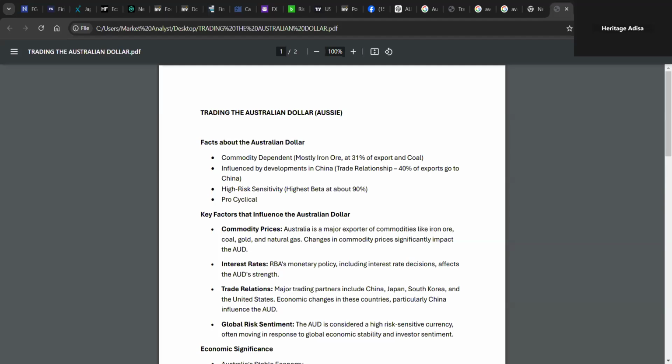Carry trade is a strategy in the market where traders buy currencies with higher interest rates and sell off currencies with lower interest rates. So buying something like AUD versus JPY, if you have AUD having a high interest rate and JPY having a low interest rate, mostly even negative in this case, you expect that pair to move higher over time.